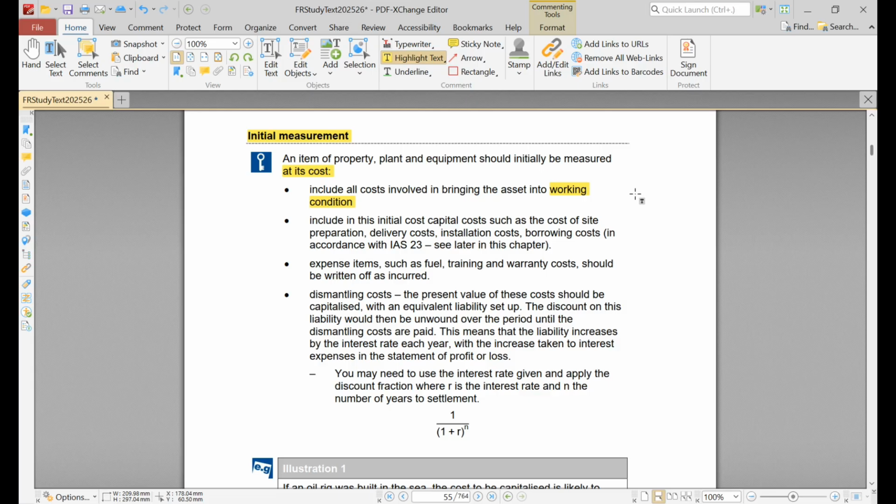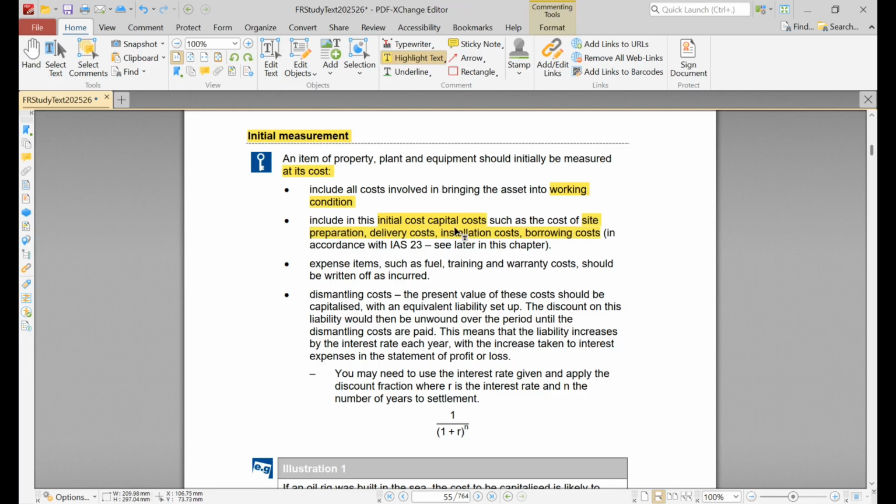Now, when you purchase the asset, it won't immediately be ready for use. You might have to incur certain costs to make it available for use, in working condition. All those costs incurred will be included. Second, initial capital costs such as cost of site preparation, delivery cost, installation cost, and borrowing costs.